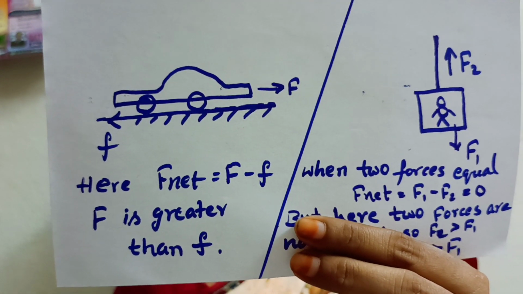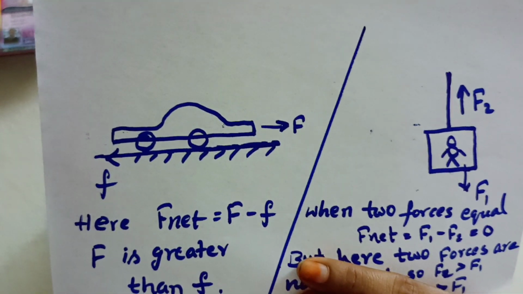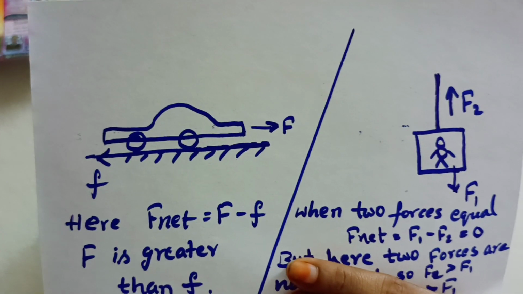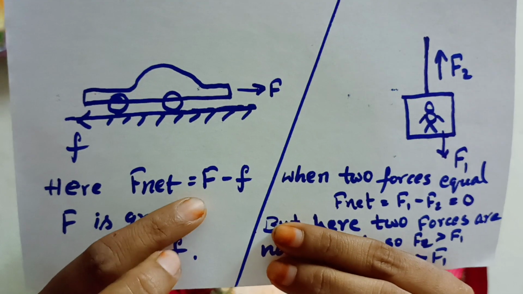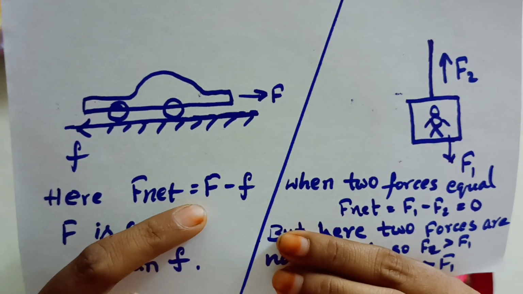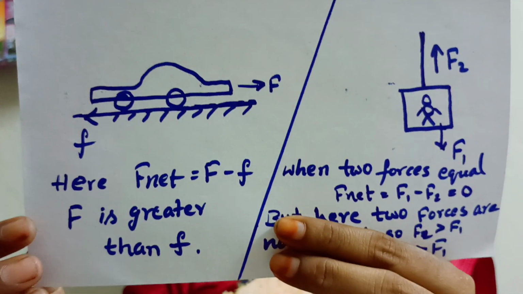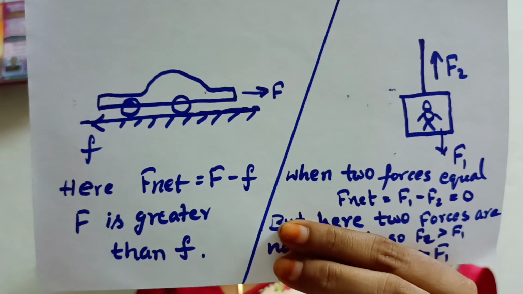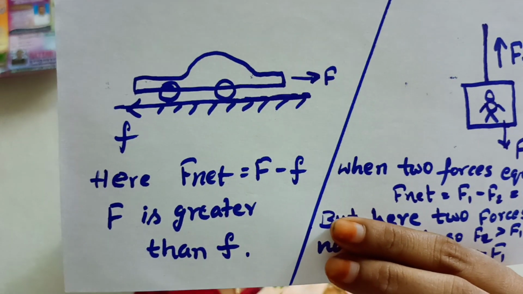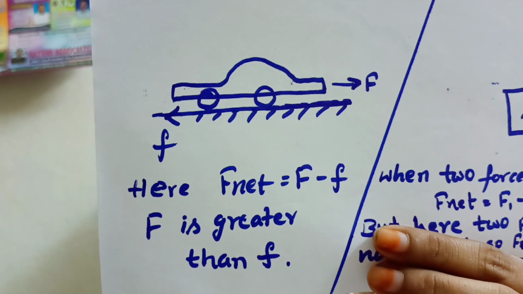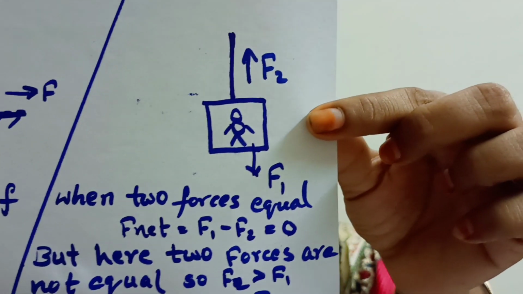So that's why we give the minus sign. Here capital F, the applied force, is greater than friction. I told earlier that whichever force is greater is written first. Take another example.